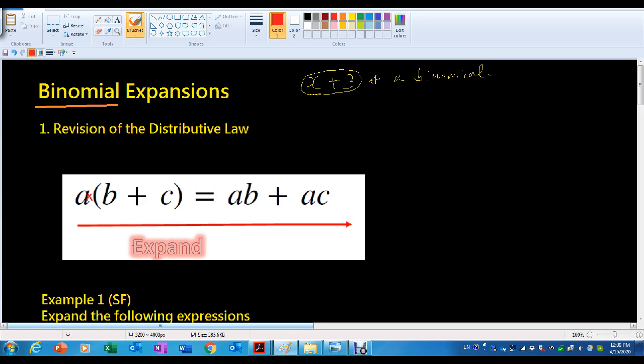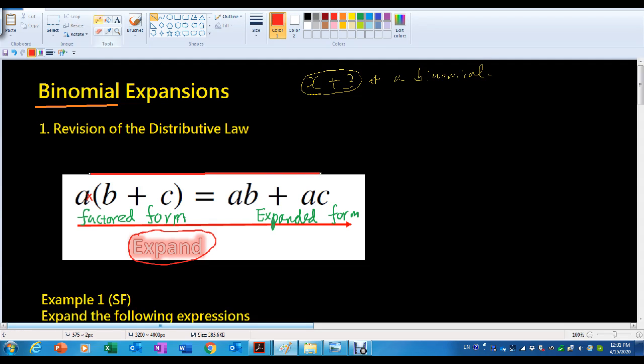When you expand, you multiply that a into each term in the brackets, and then you can remove the brackets and it becomes an expanded form. The form on the right hand side is called the expanded form, and the form on the left hand side is called the factor form. If we go from left hand side to right hand side, it's called expand.